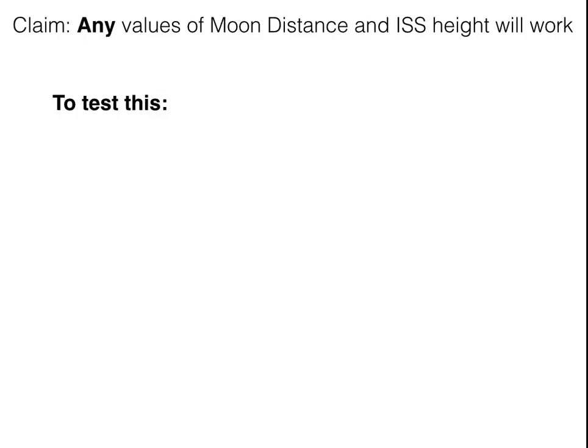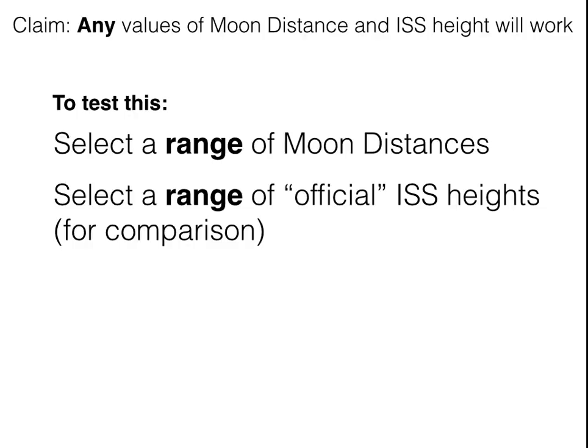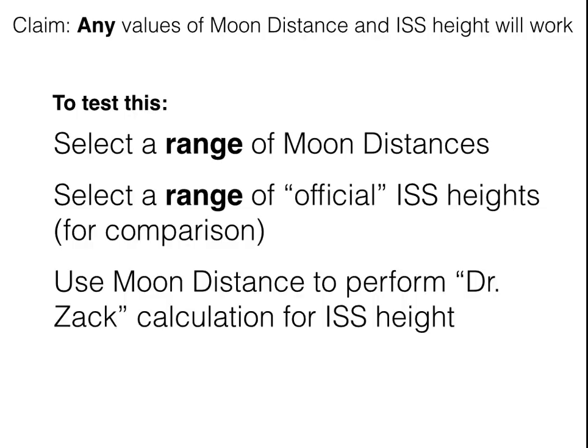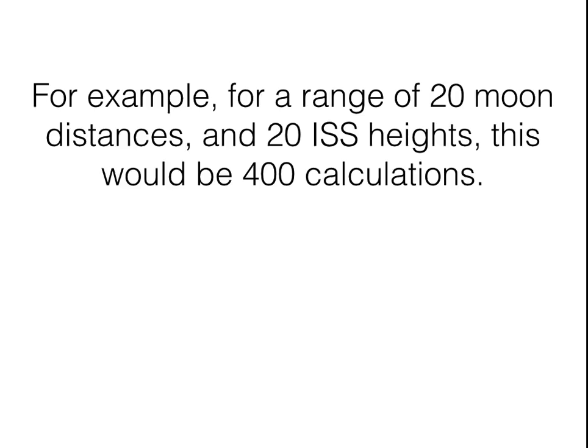So again, the claim is that any values of the moon distance and the ISS height will work. To test this, we're going to pick a range of moon distances and then a range of official ISS heights for comparison. Then we're going to use the moon distance to perform the Dr. Zack calculation, and then we'll find the percent error when comparing it to the quote-unquote official ISS height.